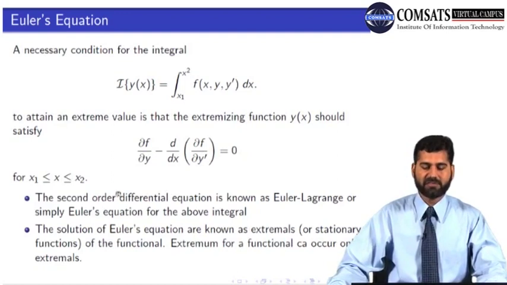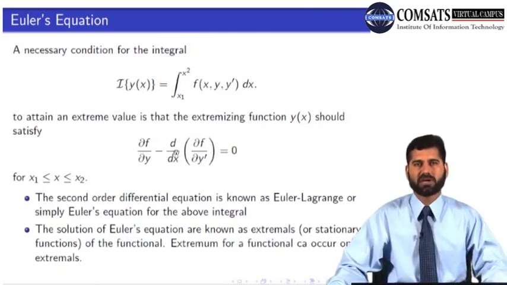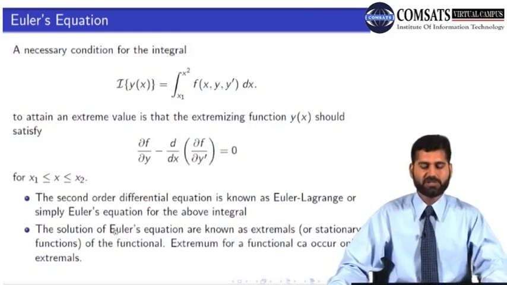This second order differential equation is known as the Euler-Lagrange equation, or simply Euler's equation for the above integral. In general it is the Euler-Lagrange equation, but simply we call it Euler's equation. The solutions of Euler's equation are known as extremals or stationary functions of the functional.